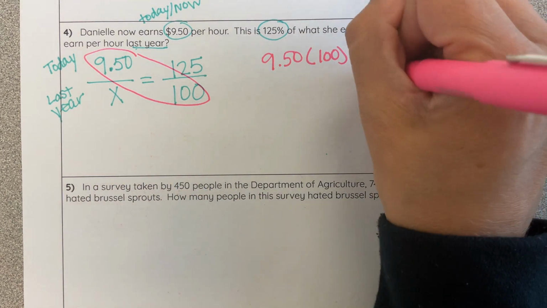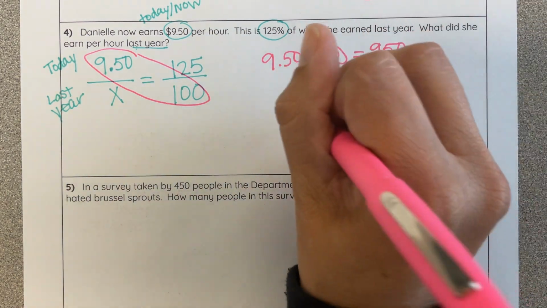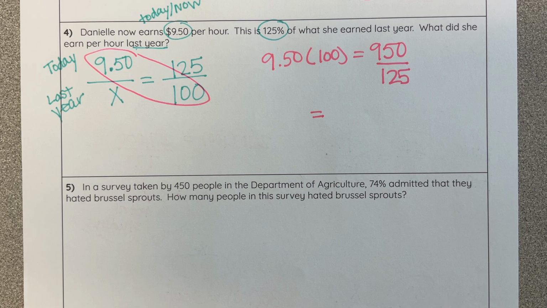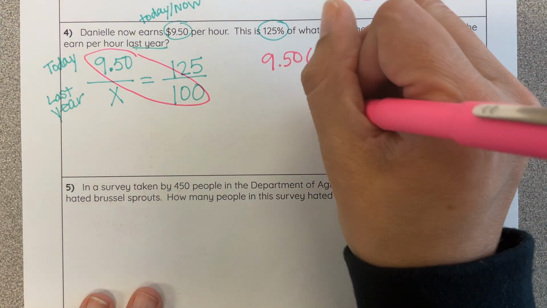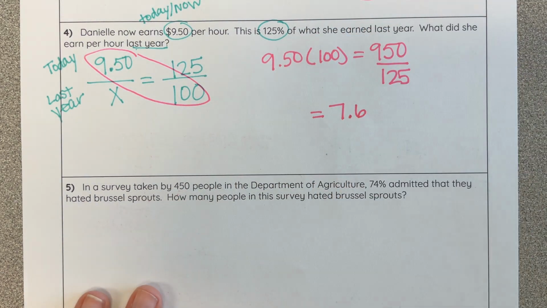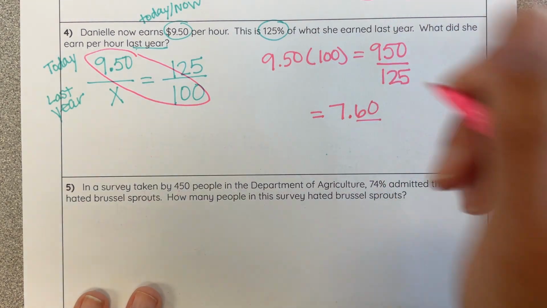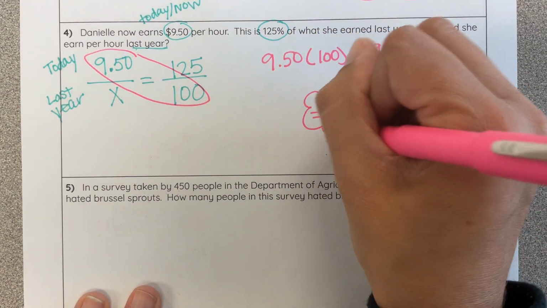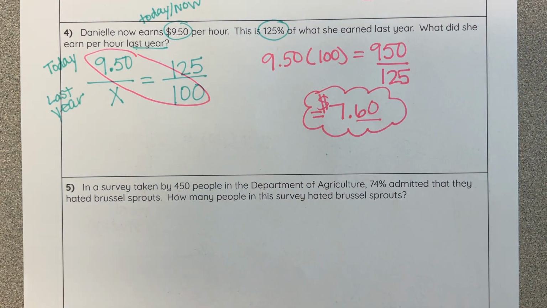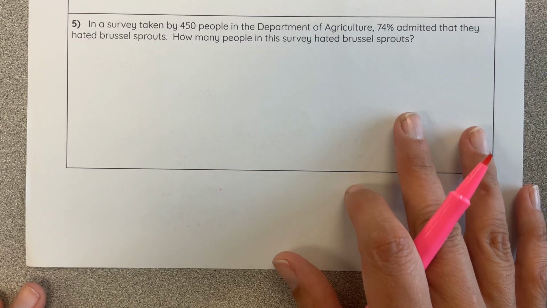Divide by 125. And we get 7.6. We're talking about money though, so we should have 2 decimal places. So I'm going to add a 0. $7.60 was her previous salary or hourly salary rate.